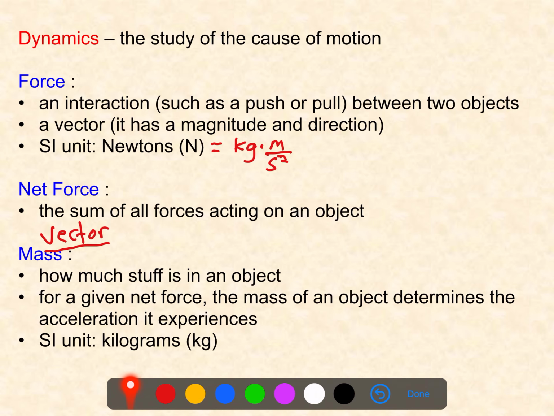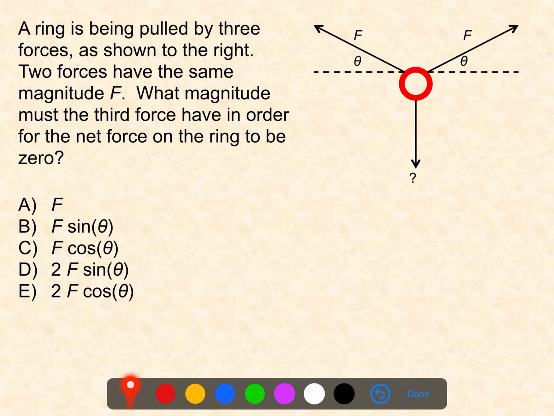Okay, so before we start discussing Newton's laws, however, let's think about forces strictly from a vector point of view. Let's suppose that we have two forces acting on this ring here that you see in this example, both of which are the same magnitude and directed as you see here, where these thetas are equal to one another.